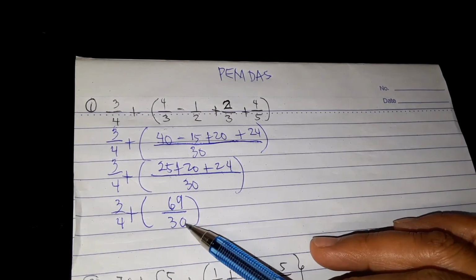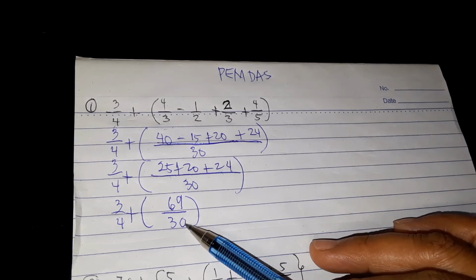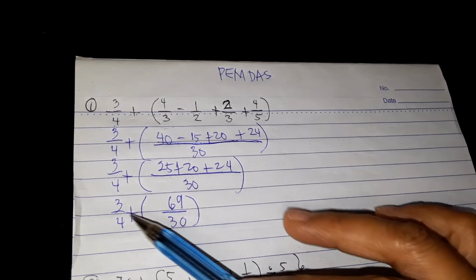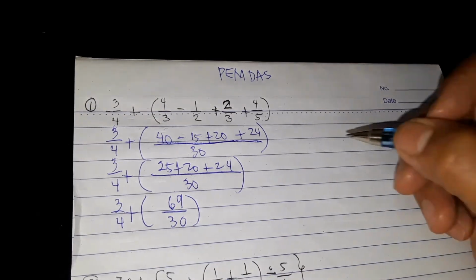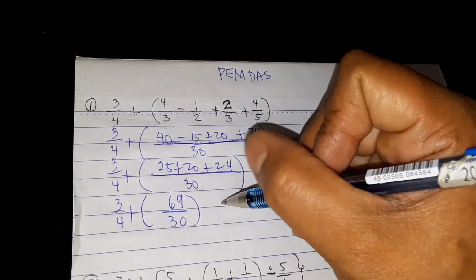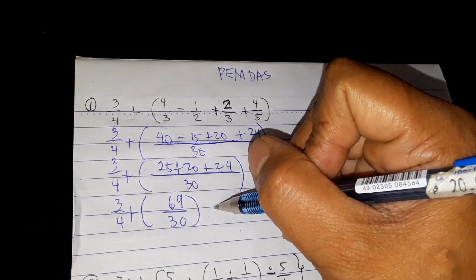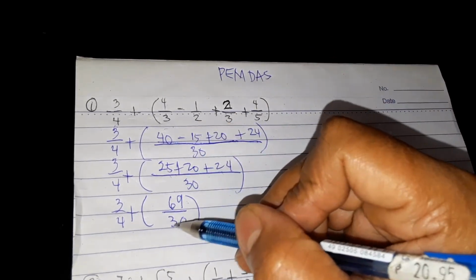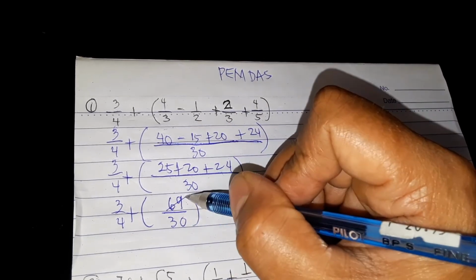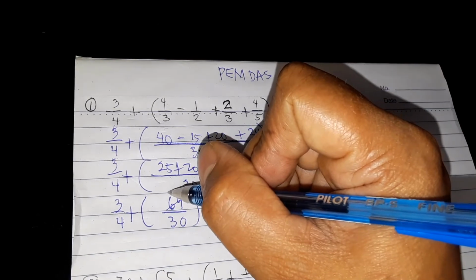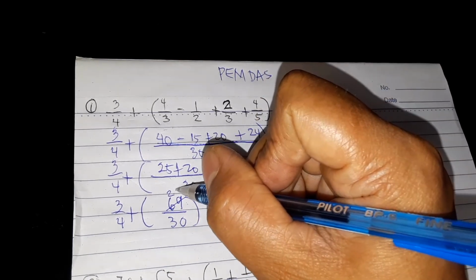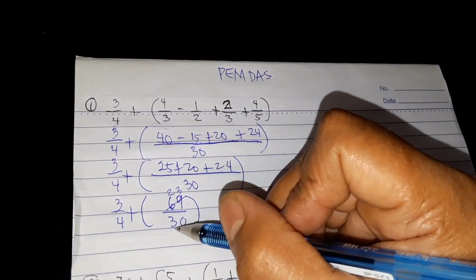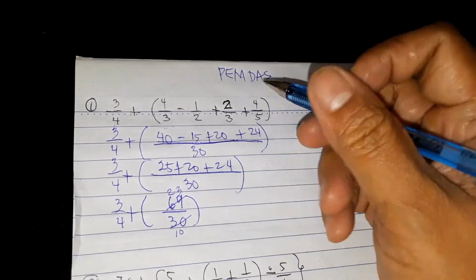Since 69 and 30 are both divisible by 3, we can get the lowest term before we add to 3/4. So we will continue here. Divisible by 3, 69 divided by 3, we have 23. And 30 divided by 3, we have 10. Okay?